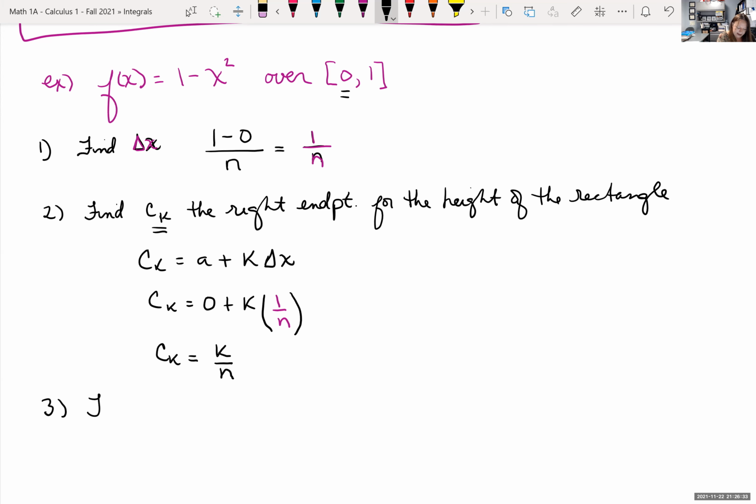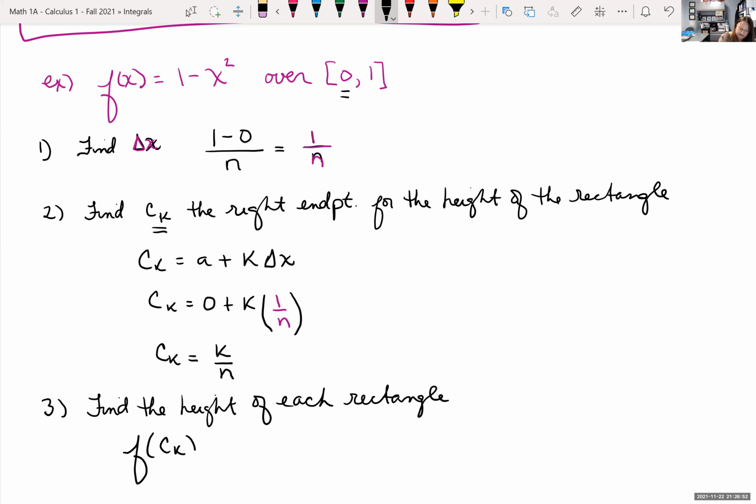So we want to find the height of each rectangle. That means we're looking at f of c sub k, or f of k divided by n.